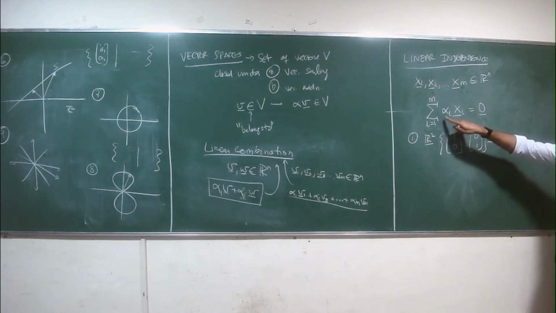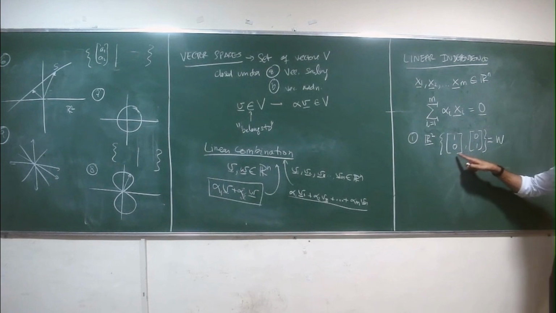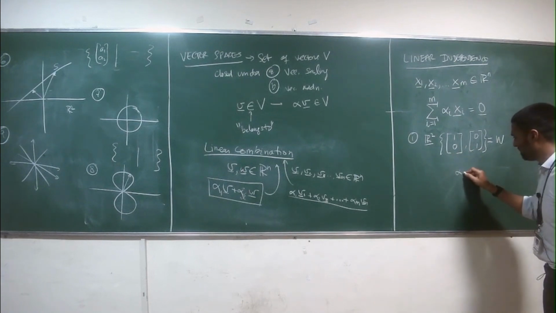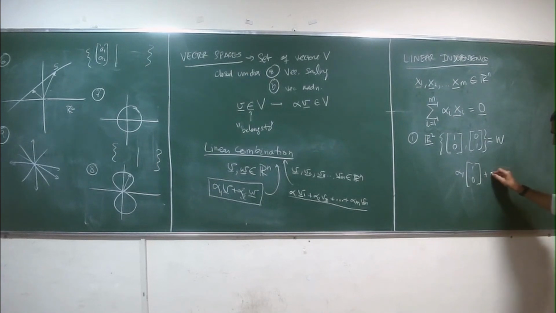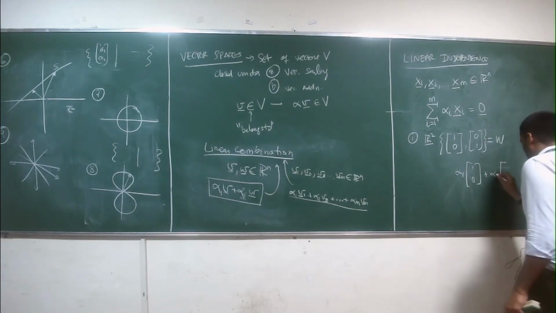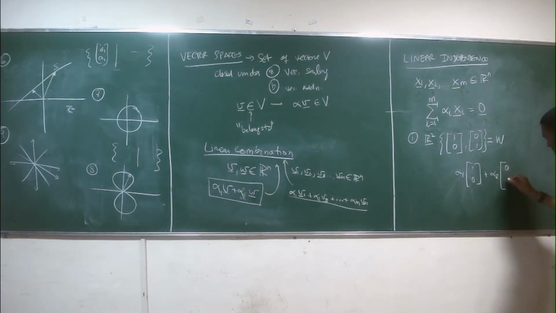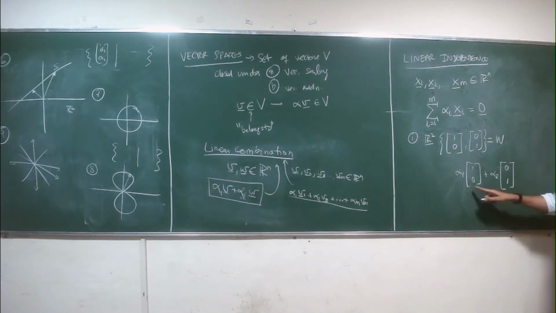You verify that by first taking the linear combination of these two. So you take the first vector multiplied by alpha 1, and the second multiplied by alpha 2. What will this give me?